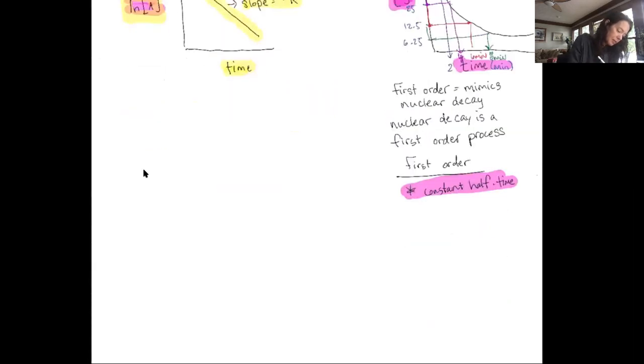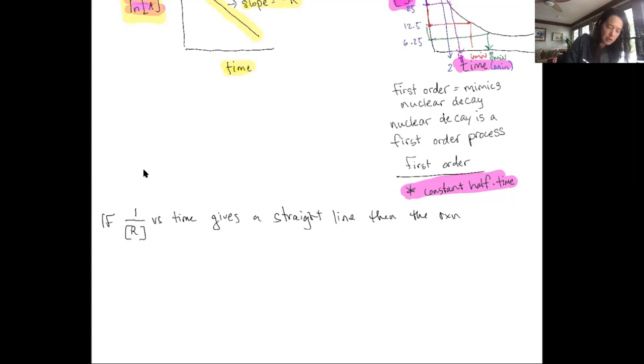Lastly, if a graph of 1 over the reactant concentration versus time gives a straight line, then the reaction is second order with respect to that reactant.